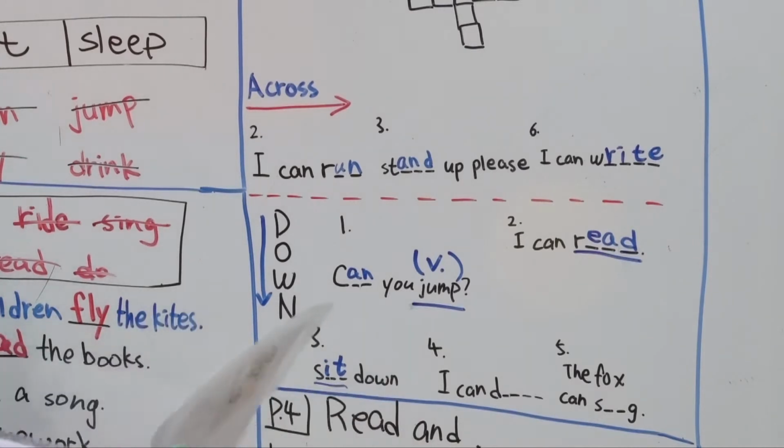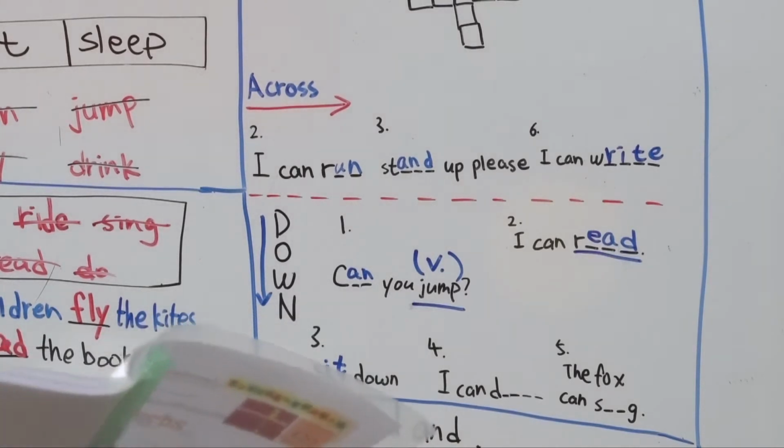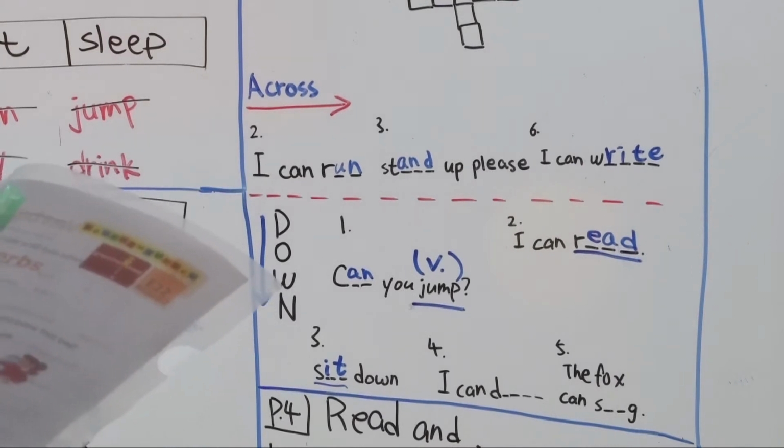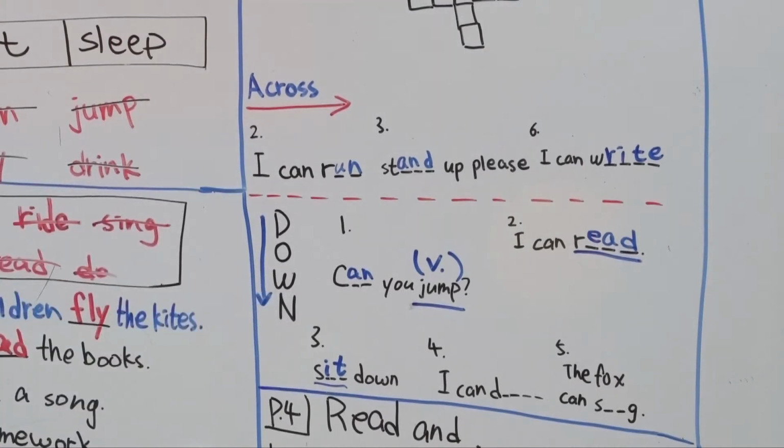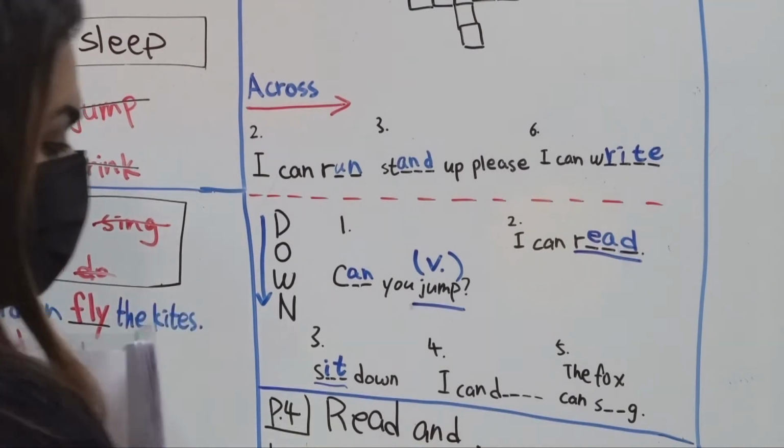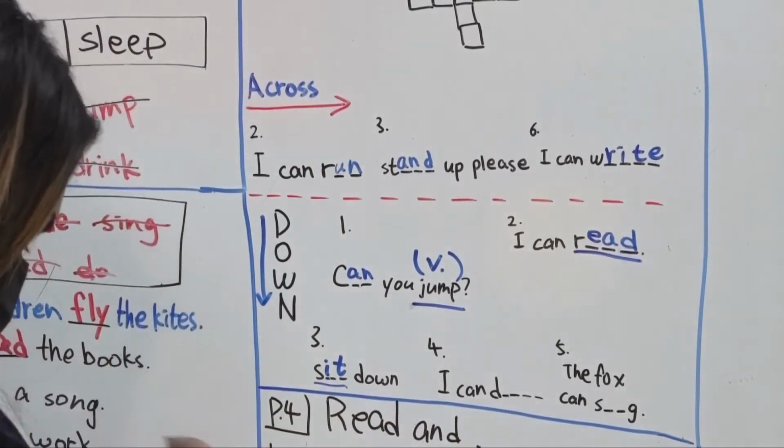Number 4. I think that's a chicken, right? In picture 4, what is the chicken doing in the picture? Which verb do you use to describe this picture? I can dance, right? How do we spell dance?